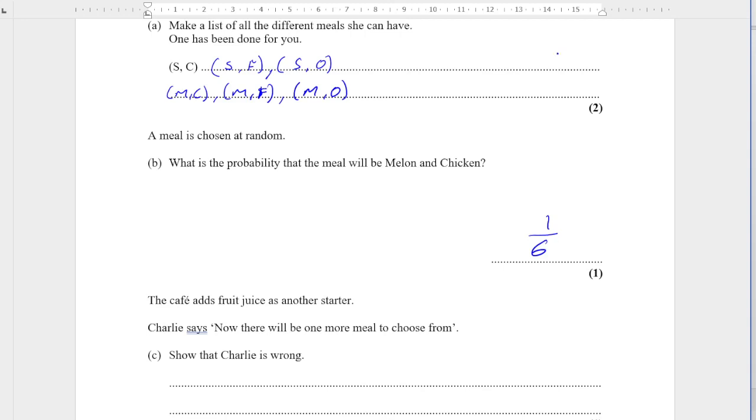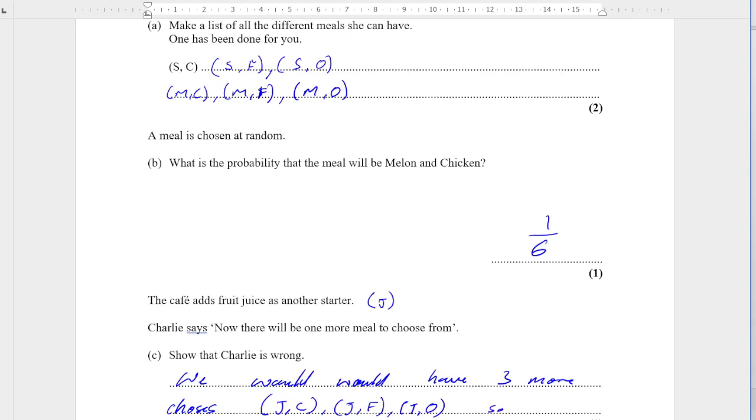So I'm not going to use F. So fruit juice I'm going to call J. So we would have 3 more choices: juice and chicken, juice and fish, juice and oatmeal. So 9 now.